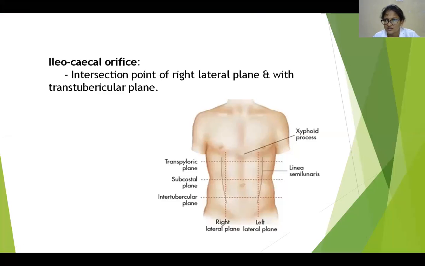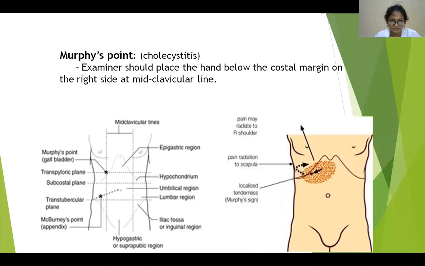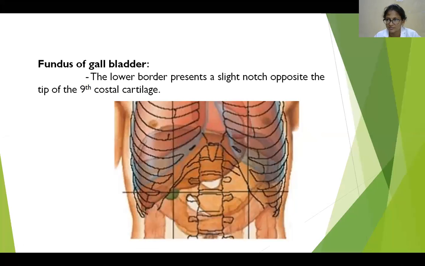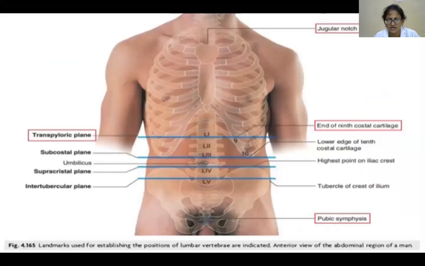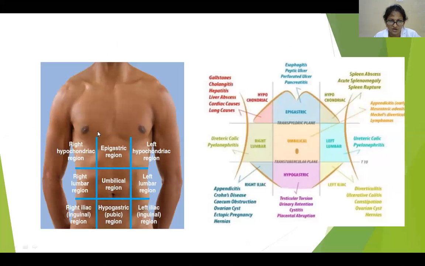This is about the general external points for the surface anatomy of the abdomen. Okay. The abdomen is divided into 9 regions by 2 vertical planes and 2 horizontal planes. Okay. In these 9 regions, what are the organs and structures present?